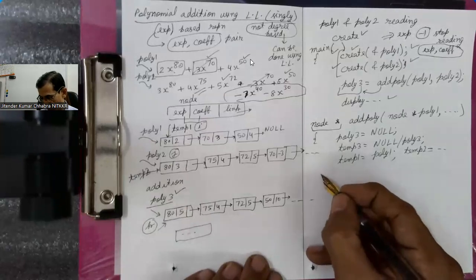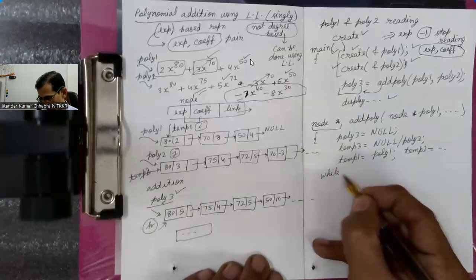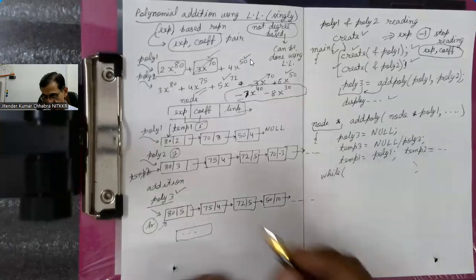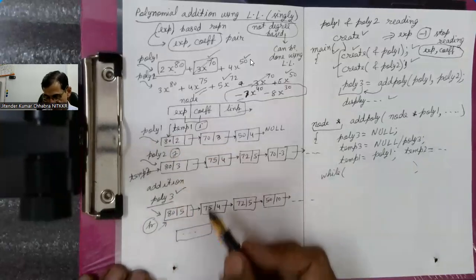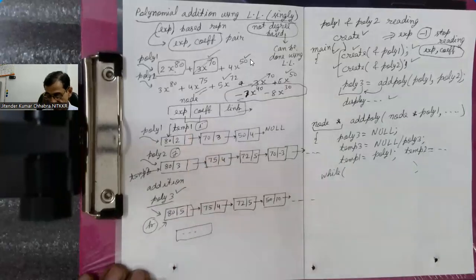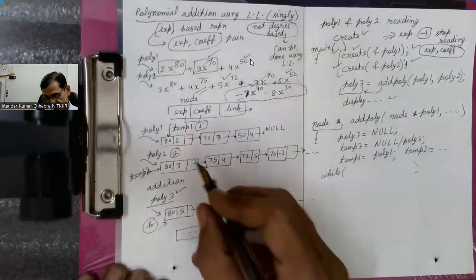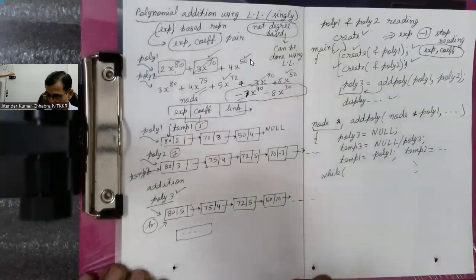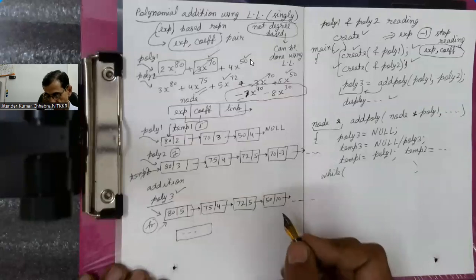So I need some while loop to carry forward. As long as both polynomials exist, at least they are to be compared, checked and added. You will continue. After that, one of the polynomials or both could become empty. One of them could be not empty. Then the remaining terms to be copied as they are.